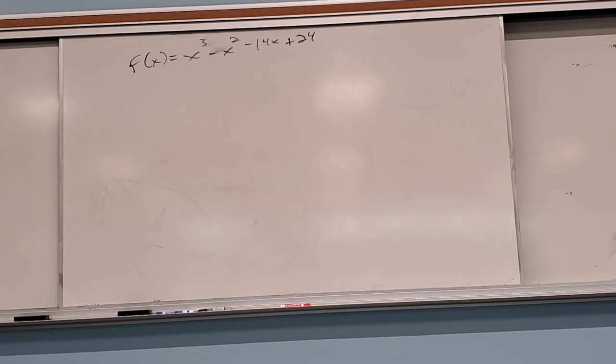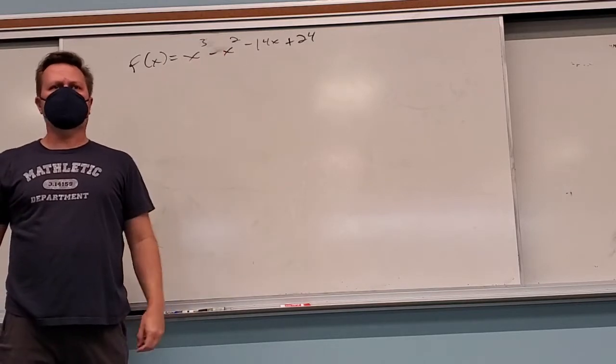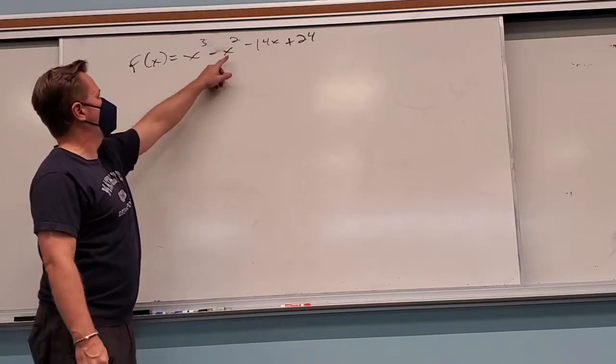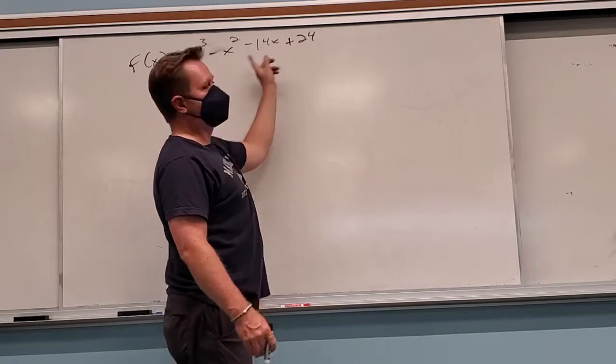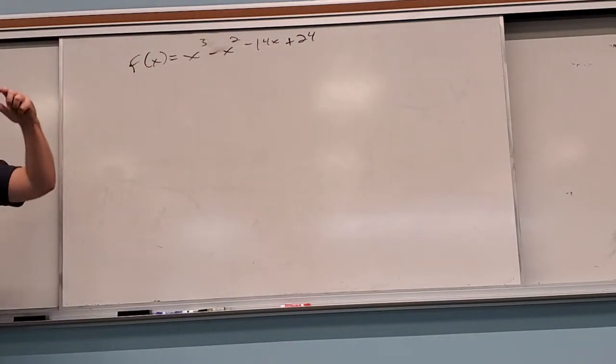Think about it for a second. Would grouping work? No. I'm just verifying it did it correctly. Yes, okay. Can you quickly see grouping won't get you anywhere? Take an x squared out of here, you get x minus 1. But I promise you, this is factorable.